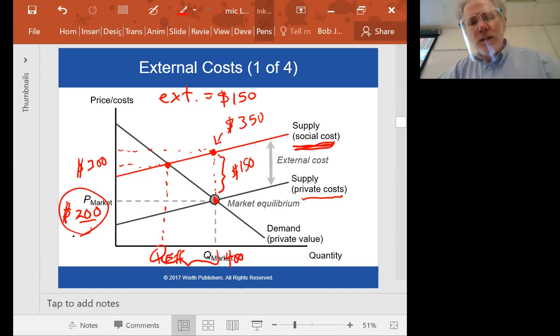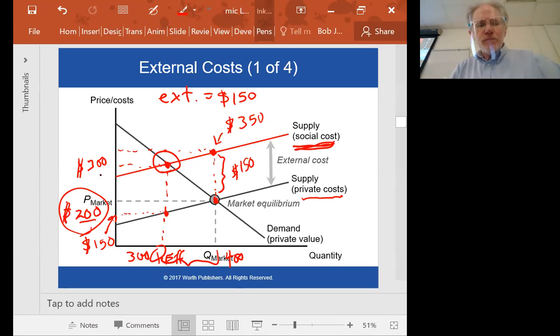And the efficient outcome would be here, and let's say that's 300. And let's put in a couple of numbers. Let's say the point here is 150. And the point here is 300.